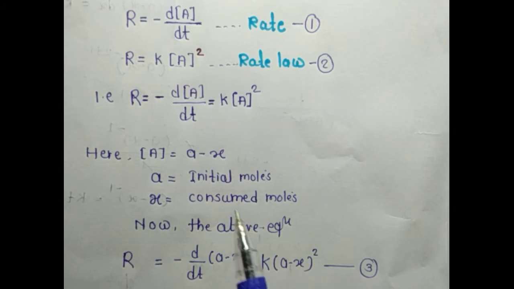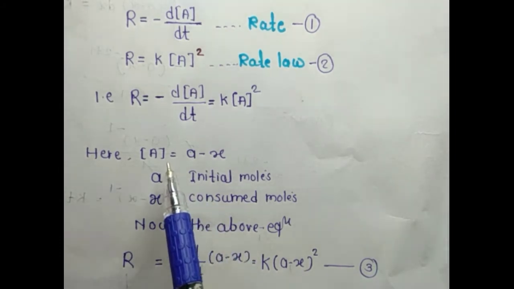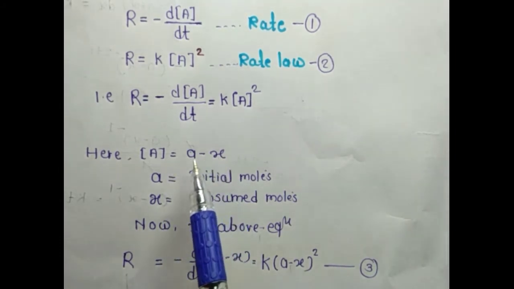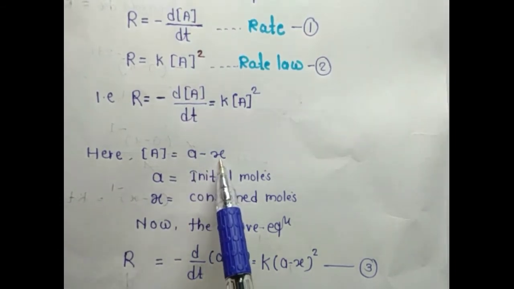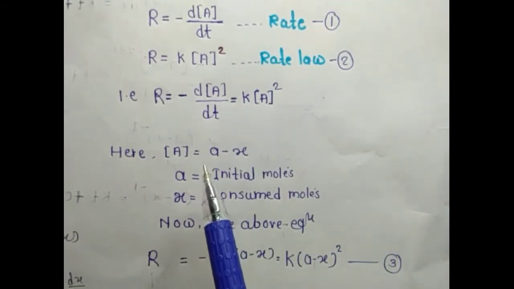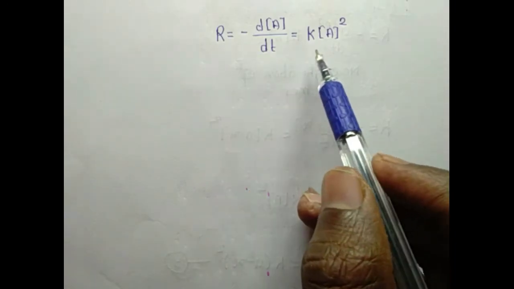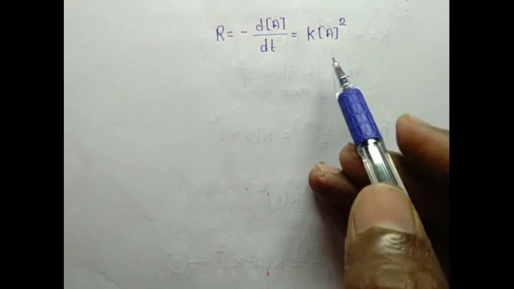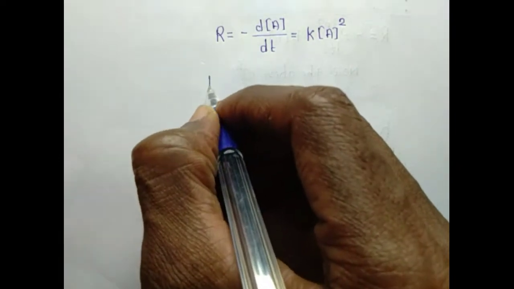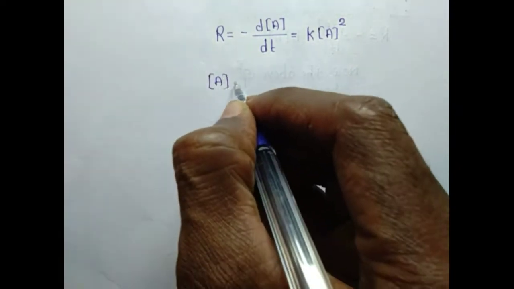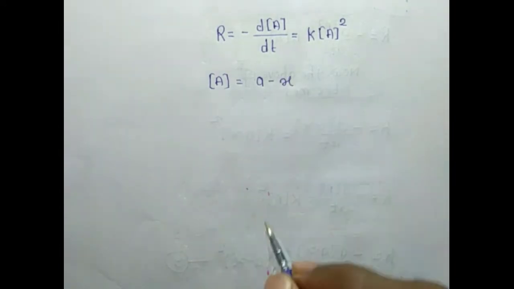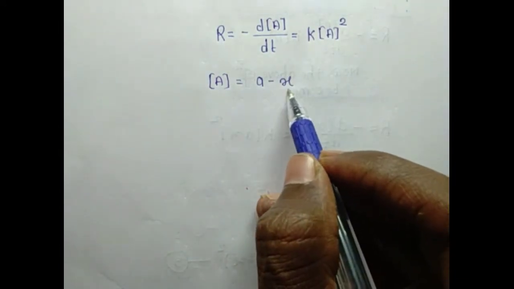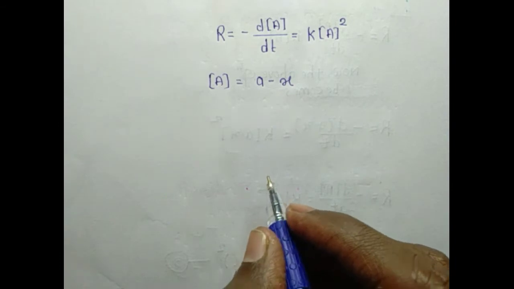In this equation the concentration of reactant A is equal to A minus X. A means the initial moles and X is the consumed moles here. The above equation in terms of moles, that is concentration of reactant A is equal to A minus X, where A is the initial concentration and X is the consumed concentration.